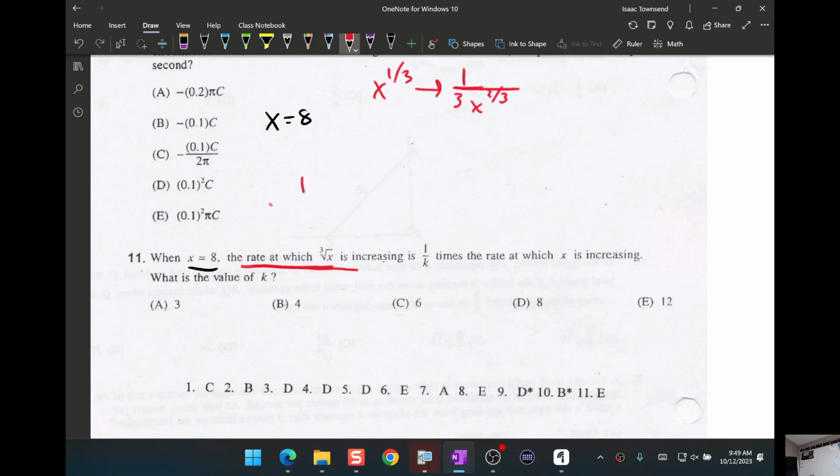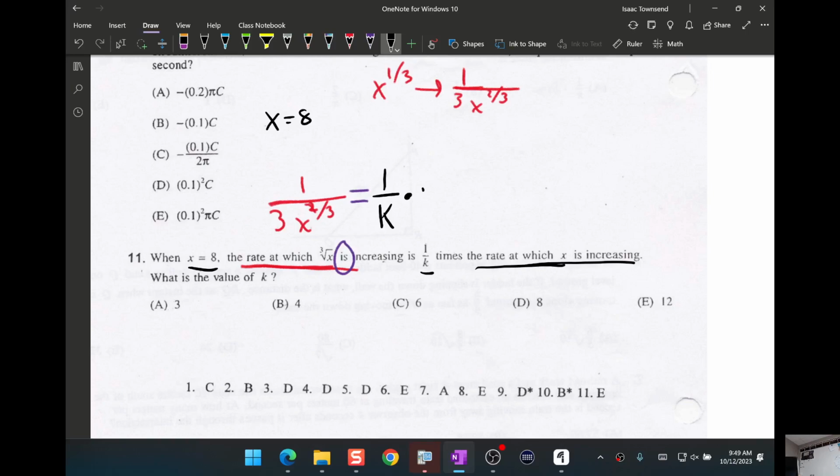So they're saying the rate at which the cube root of x increases equals 1/k times the rate at which x is increasing. And what's the variable for that?